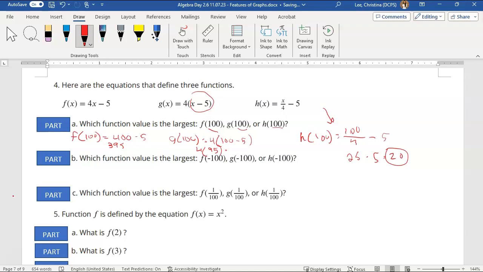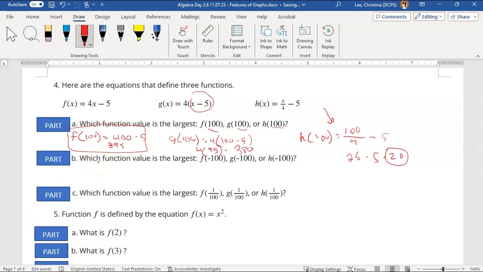And so then your determination is between the first two. If you do 4 times 95, you will get 380.